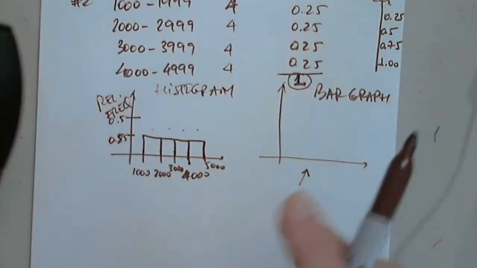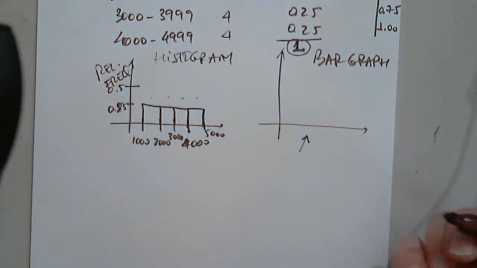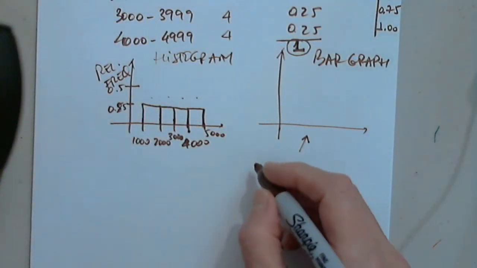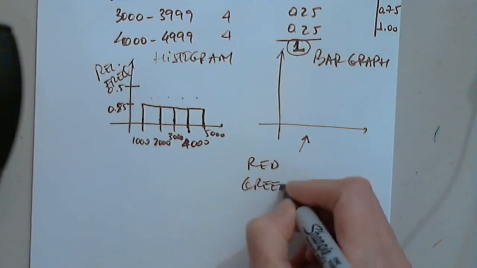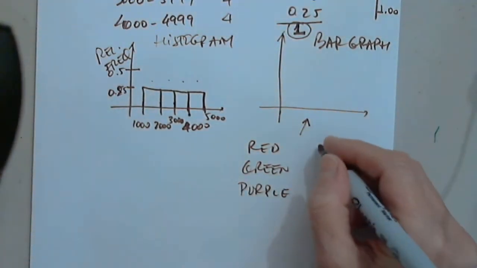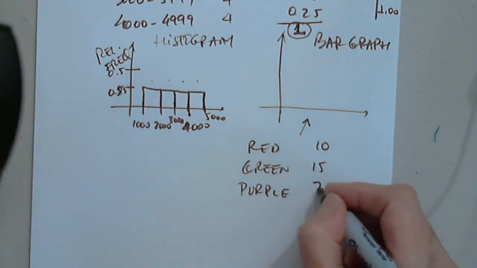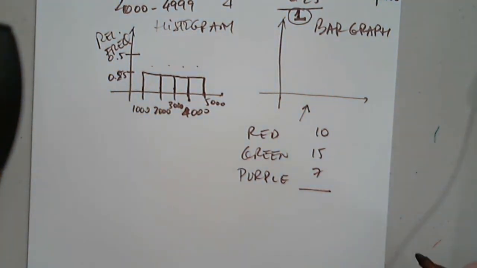Now, an example for a bar graph, right? So if we have qualitative data, for example, let's say red, green, purple. And let's say I have 10 and 15 and 5. So I have to add them up.